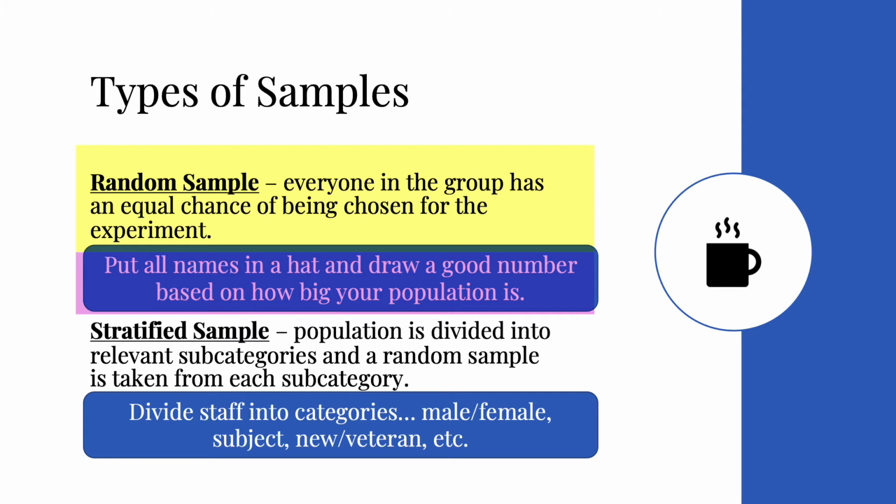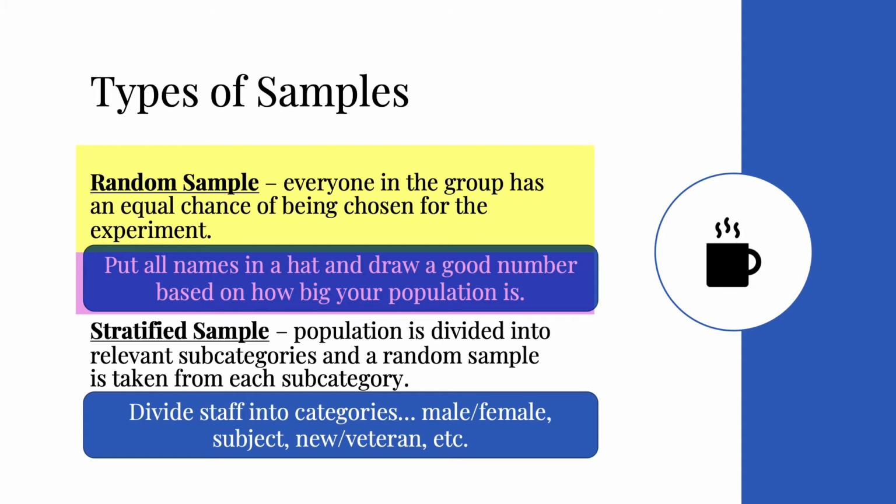So then we have a much stronger sample because it's random. Right now, we no longer have a general population, no longer our population, we have a sample population. That's what it's called, right?